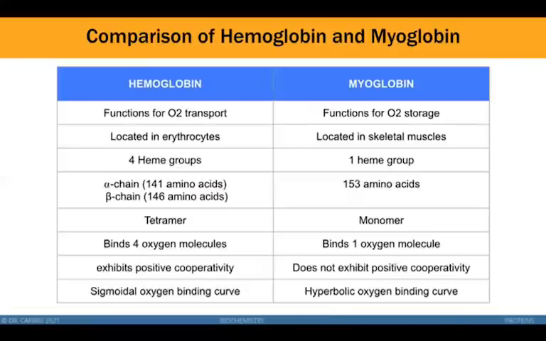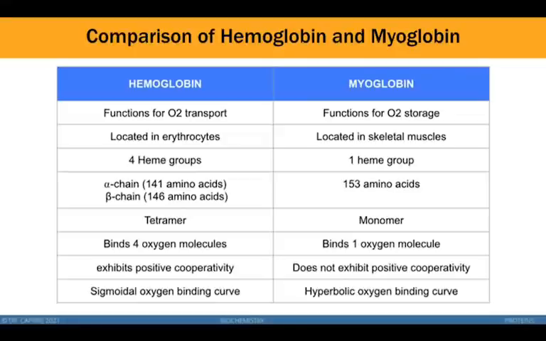Okay. So to compare hemoglobin and myoglobin, hemoglobin functions for oxygen transport while myoglobin functions for oxygen storage. Hemoglobin is located in erythrocytes, while myoglobin is located in skeletal muscle as well as in cardiac muscle.